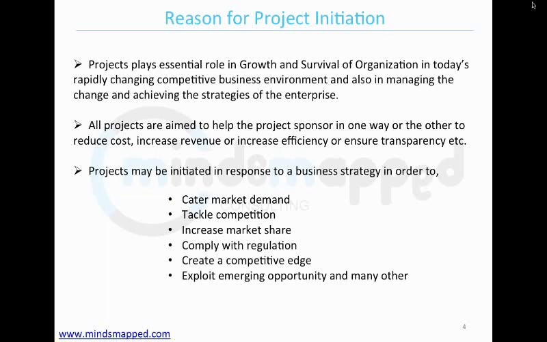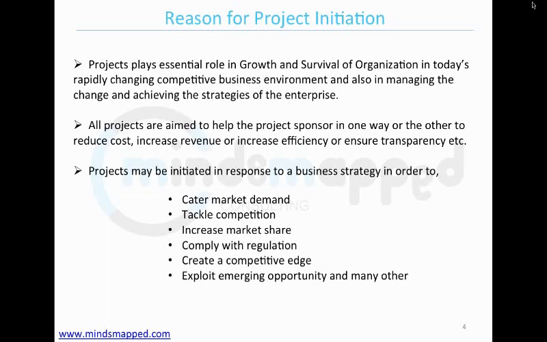So all projects are aimed to help the project sponsor in one way or the other to reduce cost, increase revenue, or increase efficiency, to ensure transparency, reduce risk, etc. Again, depending upon the need of the project, if it's an area of opportunity, it could be to reduce cost or to increase revenue. It talks about detail, but overall the head still remains the same. Either you need an area of opportunity, or you need a problem statement to initiate a project. Okay.